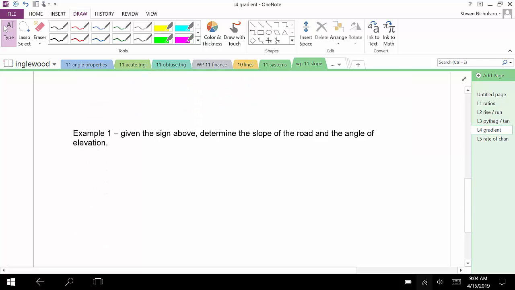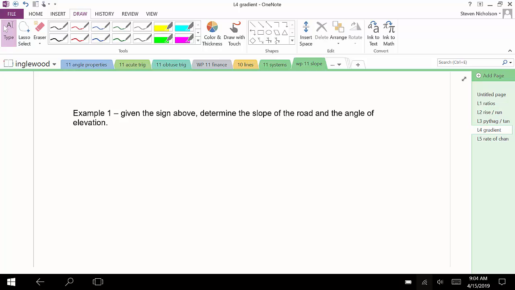An example of determining the slope of a road, the slope of a hill, we're going to use that example above. And we are going to determine the slope as a fraction and then the slope of this road as an angle. So we know that slope is equal to rise over run.